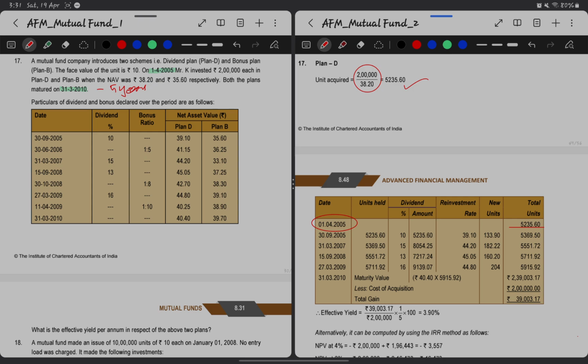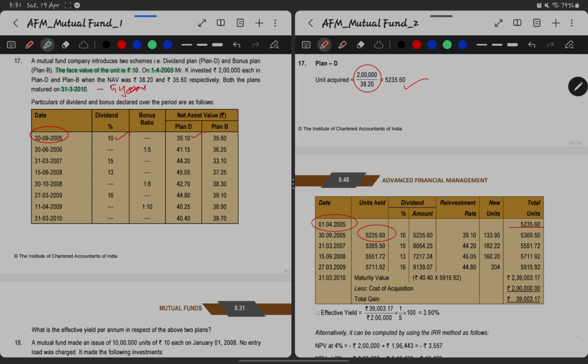That is the assumption here. The first dividend issued was on 30/9/2005, amounting to 10%. On that date NAV is 39.1, so it will be reinvested at this NAV value of 39.1. As we can see, the units held is 5235, and the unit face value is given as Rs 10.